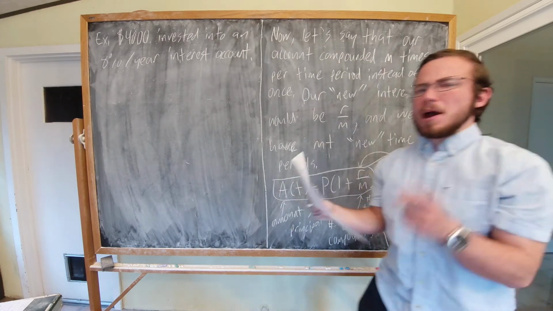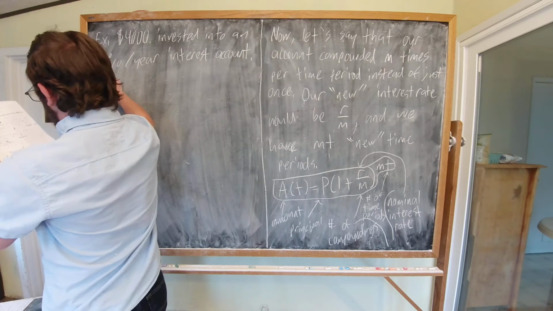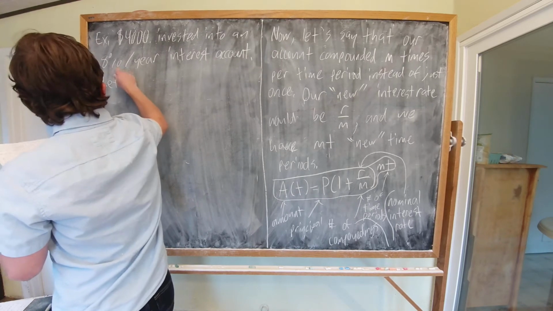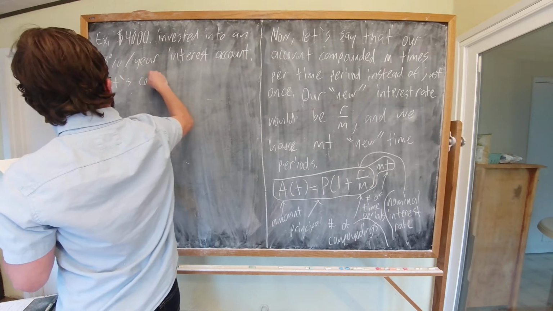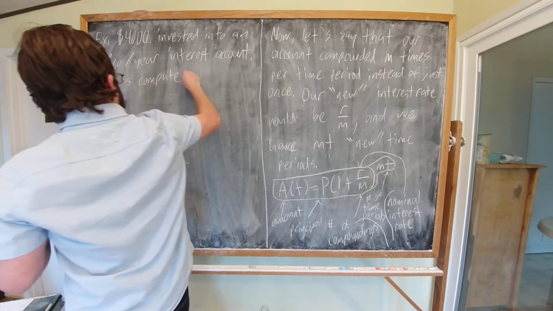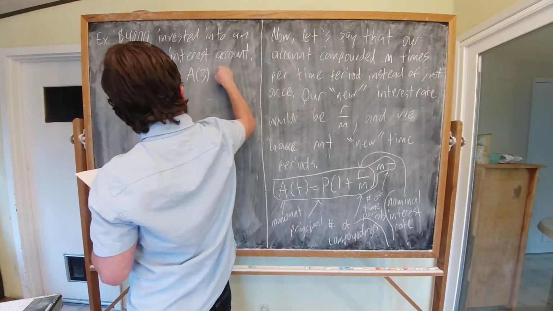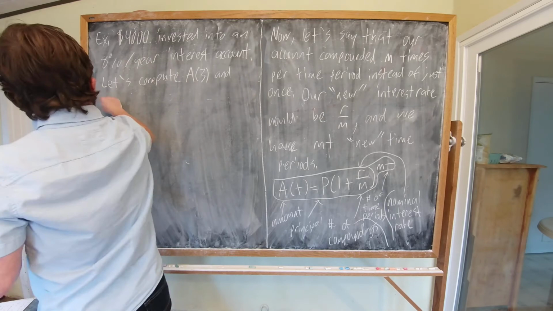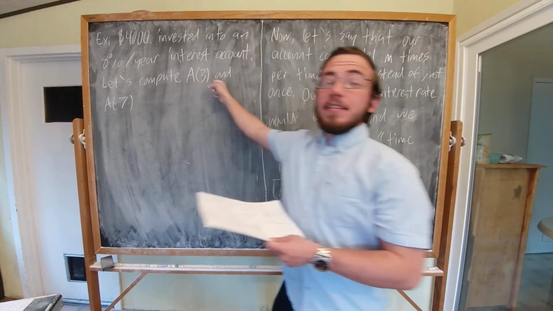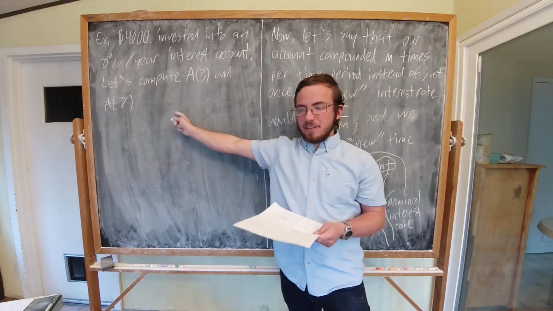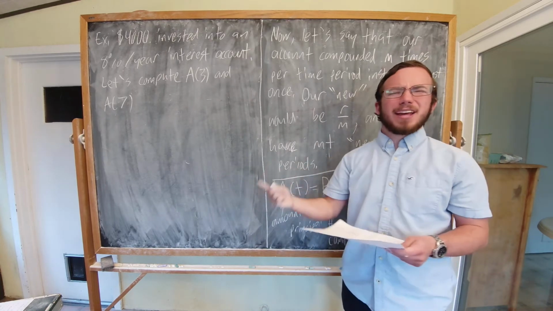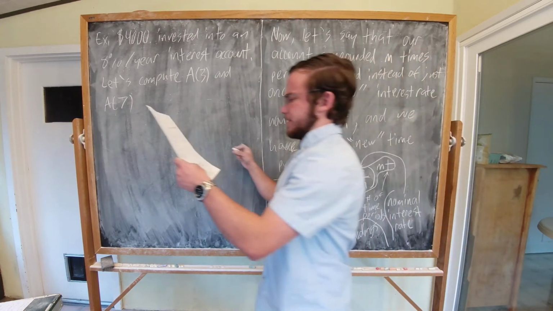And let's see what A of 3 and A of 7 are. So the amount of money in the account after 3 years and after 7 years, if the account is compounded at various different rates.